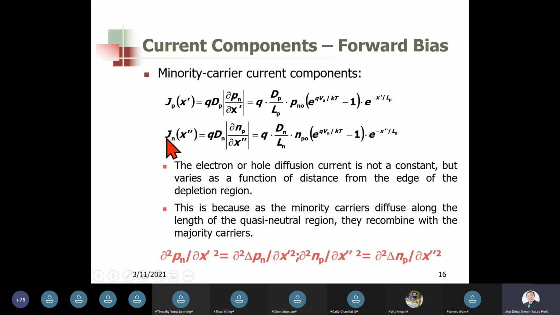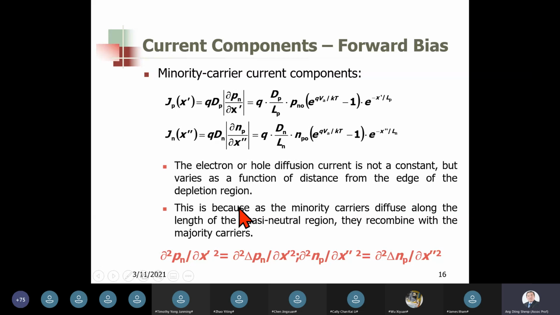Similarly, I can determine the electron diffusion current density in the quasi-neutral P side, based on this definition. Now notice that the electron or hole diffusion current density is not a constant, but also varies exponentially with distance.